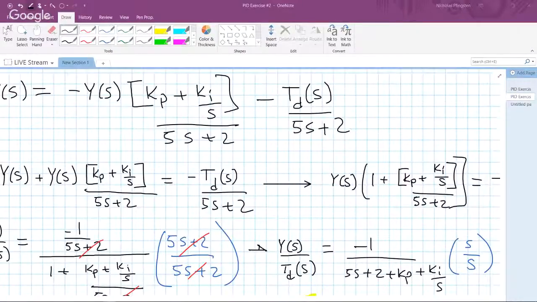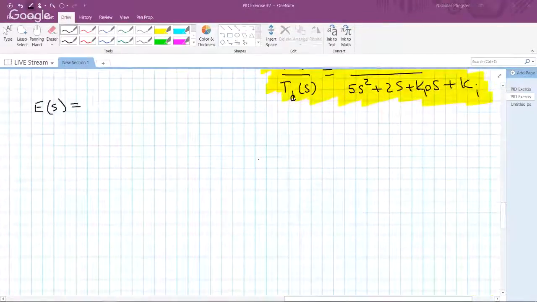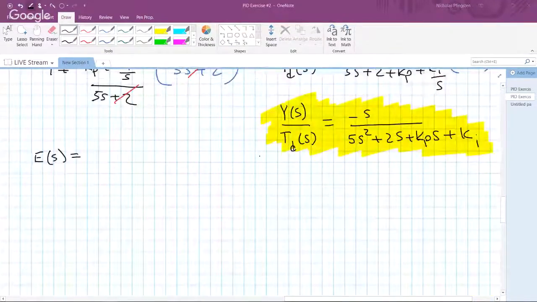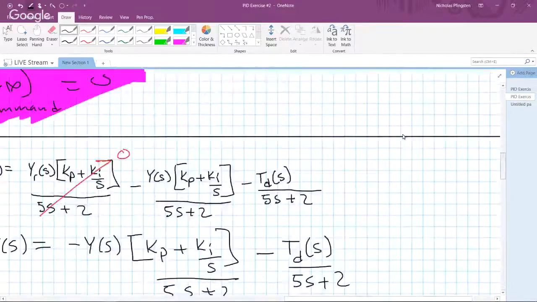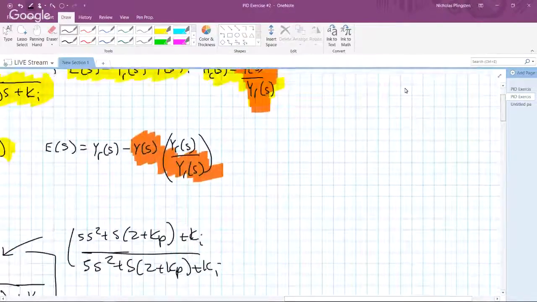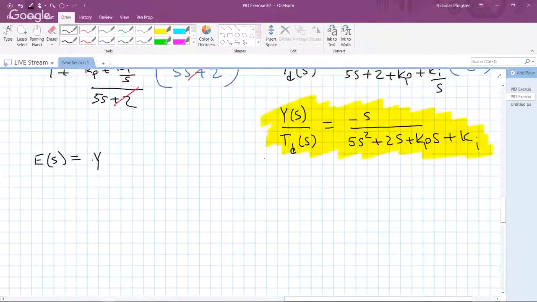So the error function, recalling it, is going to be Y sub r of s minus capital Y of s.